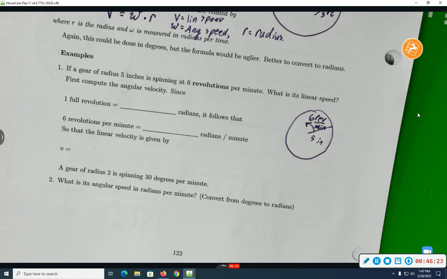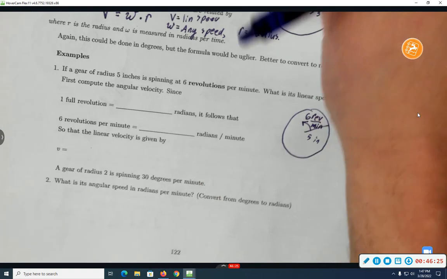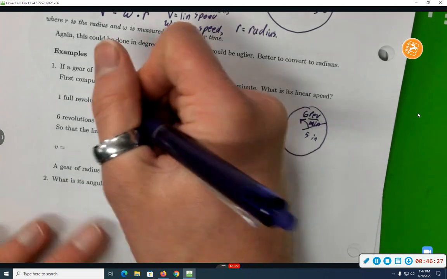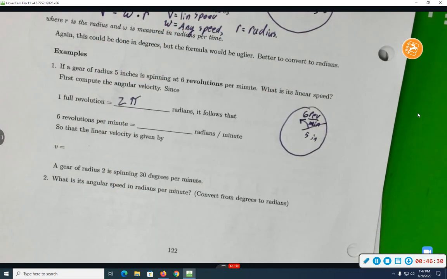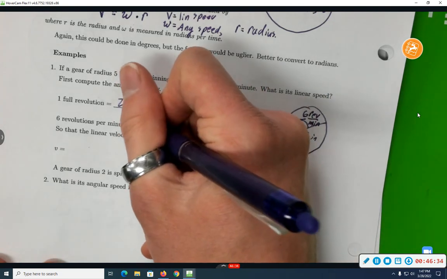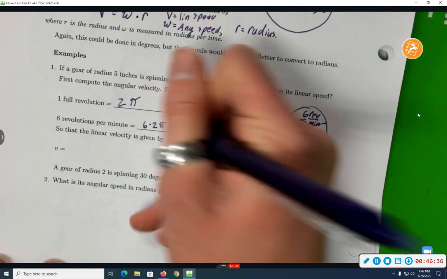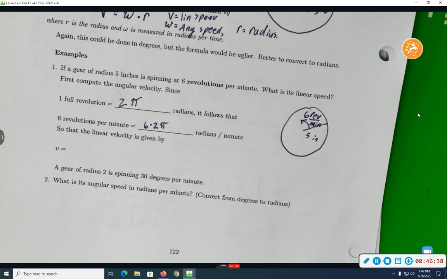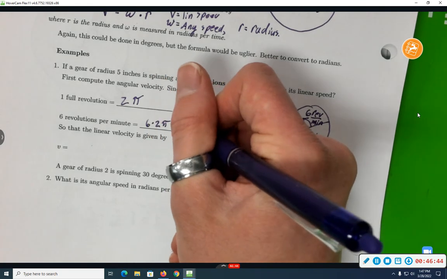Yes. So one full revolution is 2 pi radians. So if you're going 6 revolutions per minute, really you're going 6 times 2 pi radians per minute. Does that make sense? That should be simplified, right? That's 12 pi.